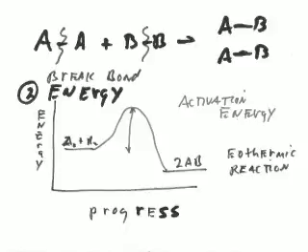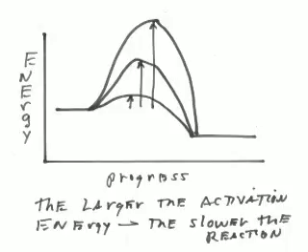We're going to have to break the bonds between the A's and between the B's before we can make molecules out of them. And so we talk about an activation energy. It's the energy we have to put in to make the reaction take place. And so it has the effect of forming an energy barrier between the reactants and the product.